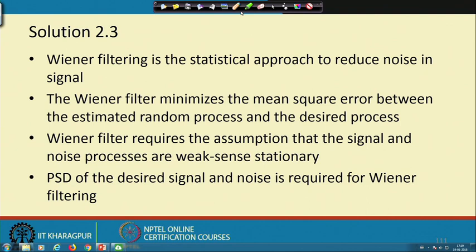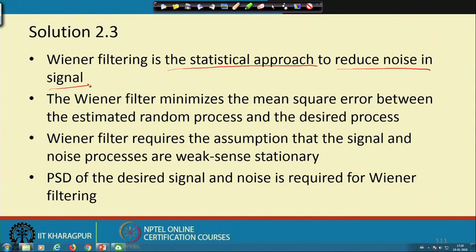The first thing is that the Wiener filter is a statistical approach. It looks at the PSD of both the signal and the noise, and we try to get a match between these two. Where the signal strength is more compared to the noise, we would like to keep more input from there. Where the noise is more, we would like to suppress all such components so that we can avoid the noise.